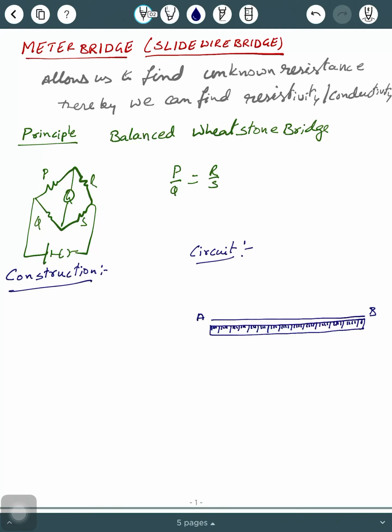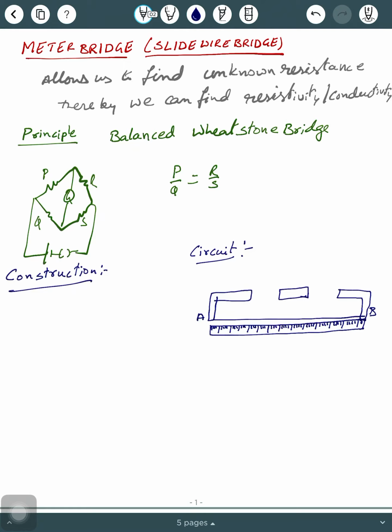The two ends A and B of the alloy wire are connected to 2 thick metallic strips of L shape. There they have another metallic strip which separates them with 2 gaps.